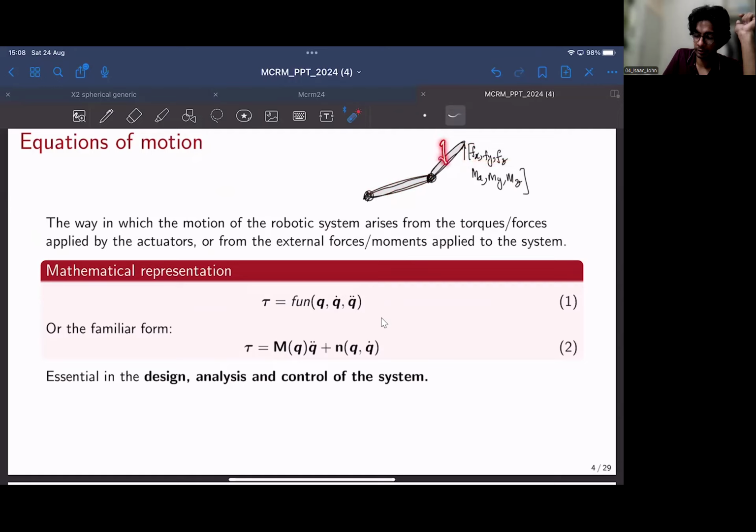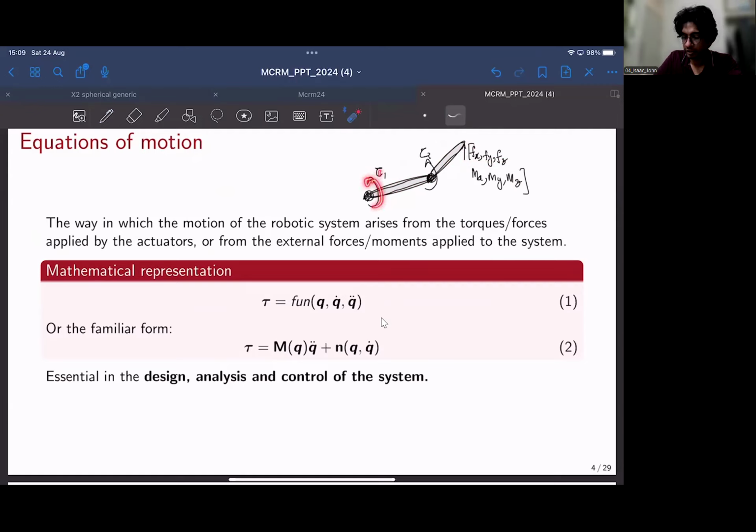There could be external loads on the links, that could also be considered. Then what are the other loads? The loads that are acting on the actuators, tau1 and tau2. So you could consider these as the inputs or the torques that you supply onto the motors.